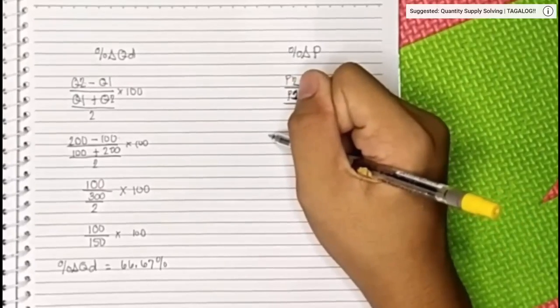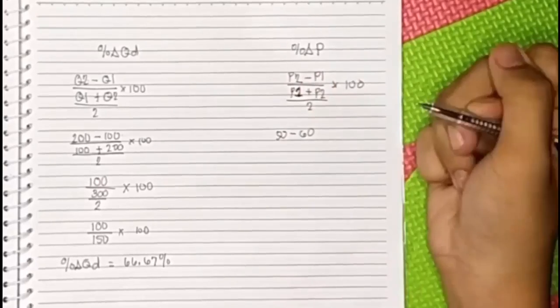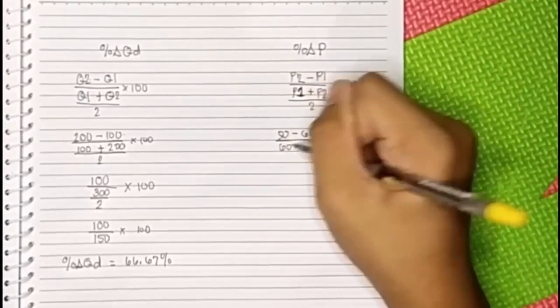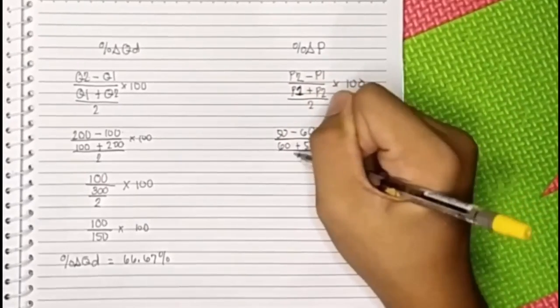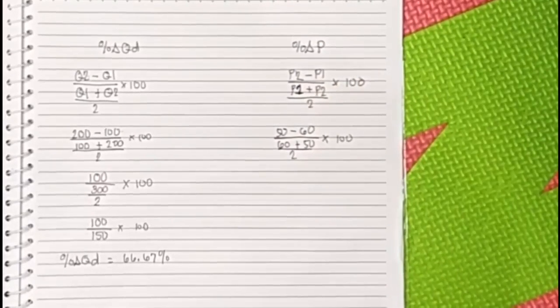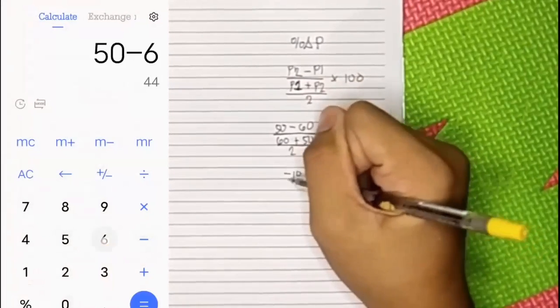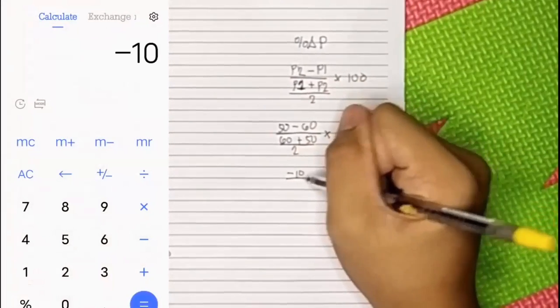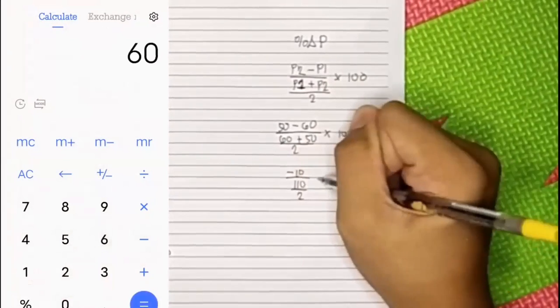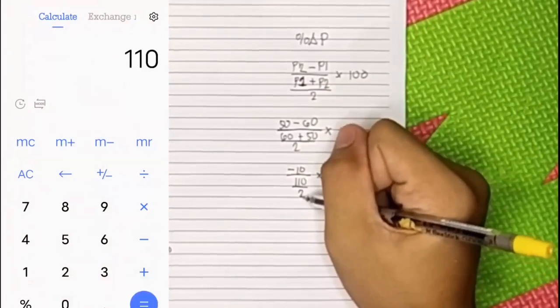So next, let's find out the price. So the value is P2, 50 minus 60 over 60 plus 50 divided by 2 times 100. So first subtract the numerator. So 50 minus 60 is equal to negative 10. 60 plus 50 is equal to 110, and divide it by 2 times 100.